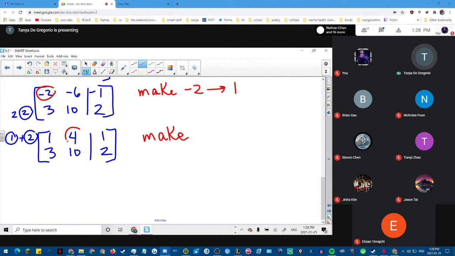Let's say I go ahead and make this a 0, okay? Then I have to make this a 0. And when I start adding, subtracting, doing all these operations to make this a 0, it's going to affect my 1. It's going to mess me up. That's why I want to make this a 0 first. So now when I start adding and subtracting equations, it doesn't touch my 1. Does that make sense? Once you get a 1, get everything underneath it to be 0. Then whenever you deal with that equation again, you don't have to worry about it being changed.